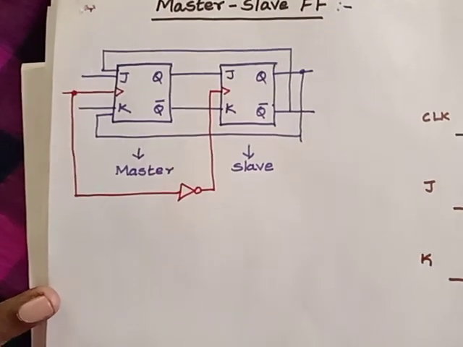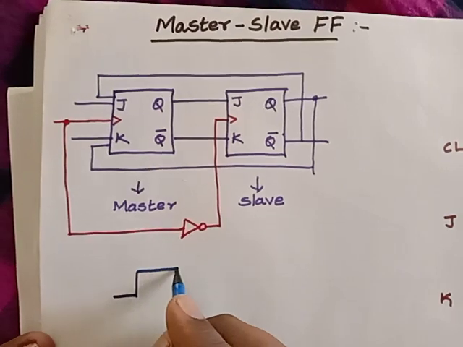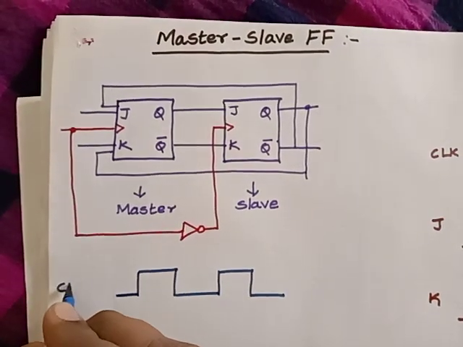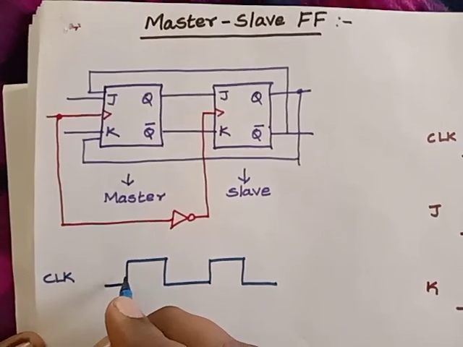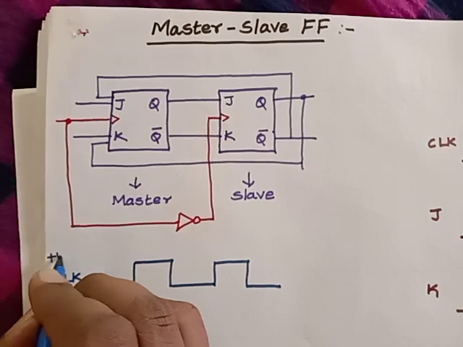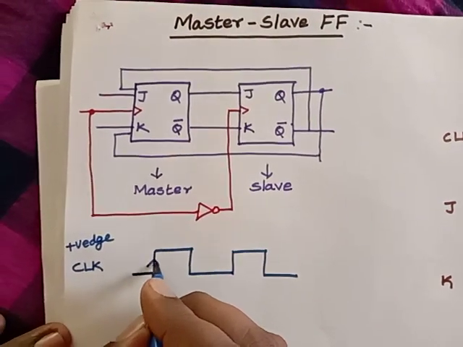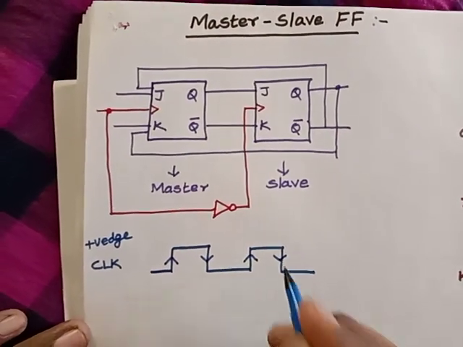That means if I have a clock pulse like this, see, this is your clock pulse. Now let us assume any one type of triggering. I am going to assume positive edge triggering. So this is positive edge triggering and this is negative edge triggering. This is positive edge and negative edge.